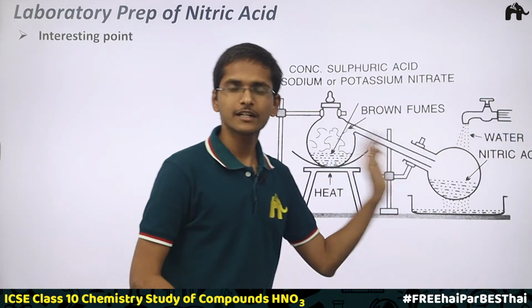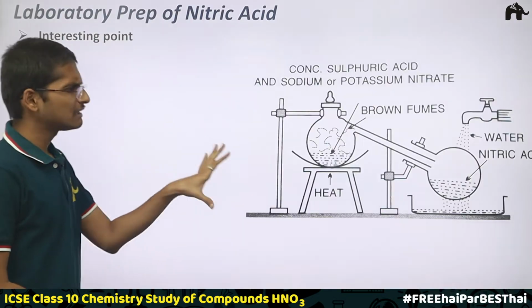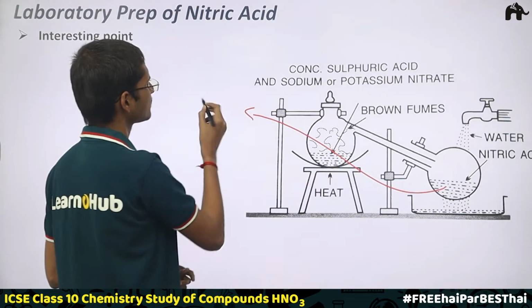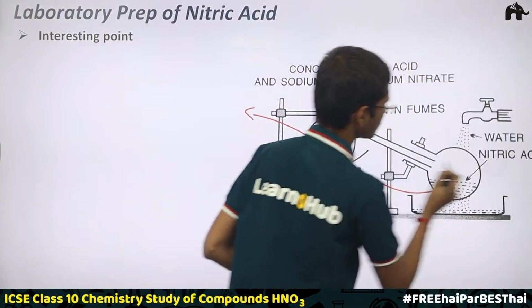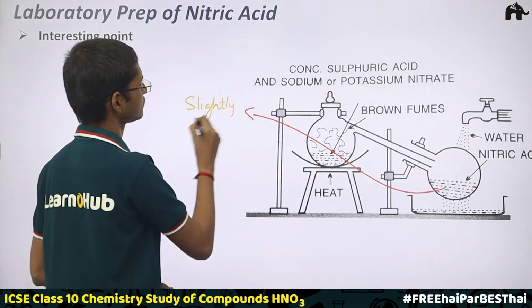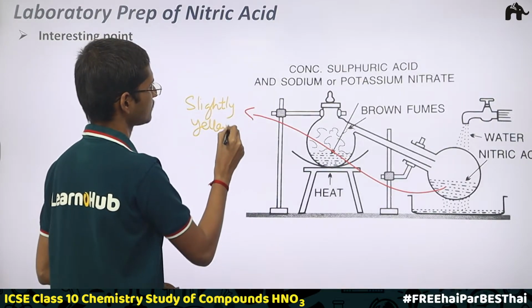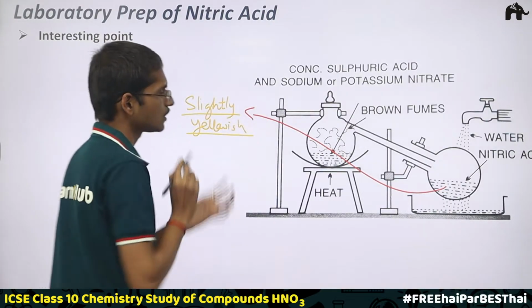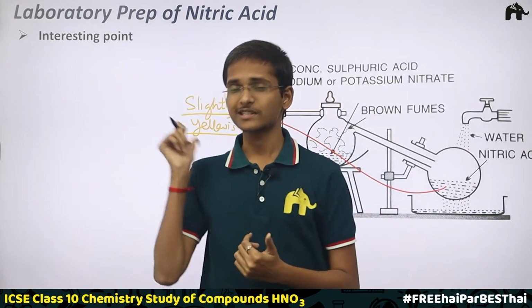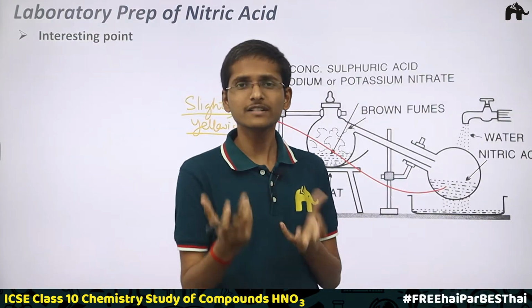Whatever nitric acid we collect through this lab method is slightly yellowish in color. Pure nitric acid is colorless, but this is slightly yellowish. Now why is this so?